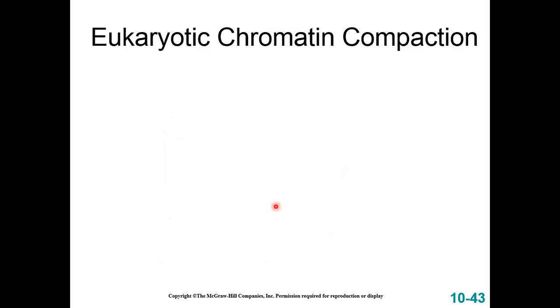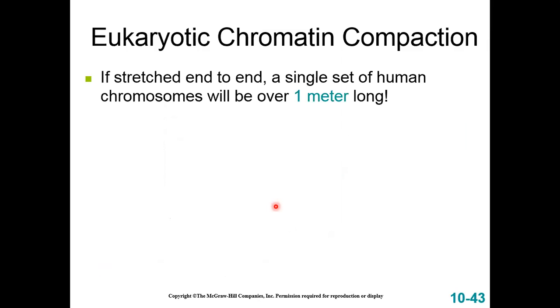Eukaryotic chromosome compaction. As we discussed in the case of bacteria, the chromosome has a greater length as compared to the space in the cell, so it needs to be compacted and shortened.